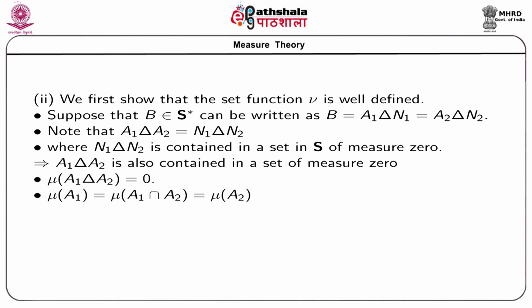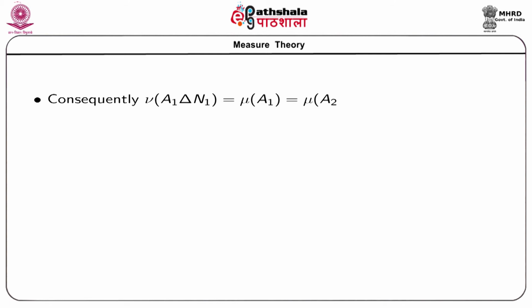But then we have mu A1 equal to mu of A1 intersection A2 equal to mu A2, and consequently nu of A1 delta N1, which is defined as mu A1, is equal to mu A2, and this is the value of nu of A2 delta N2. So, this shows that the function nu is well defined.